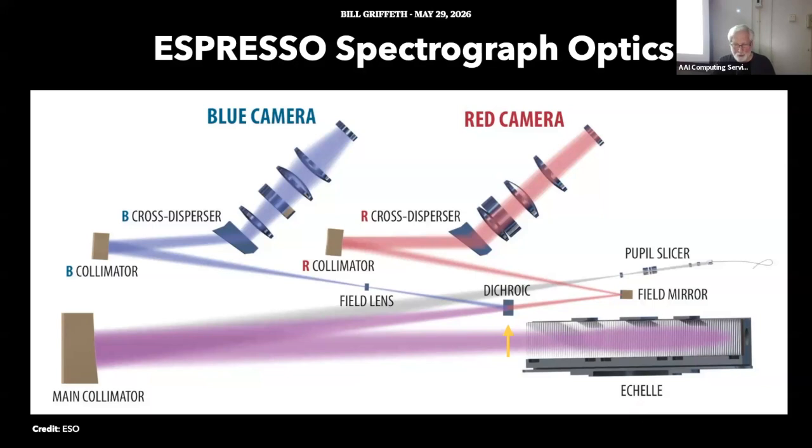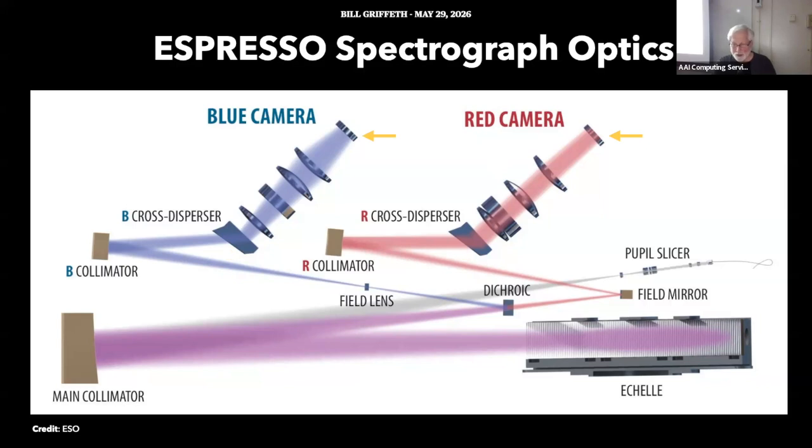So that one range of colors go to the blue camera and one to the red camera. And the cross dispersers are there so that the overlapping orders of the spectra get separated before they're run through the camera and into the detectors.